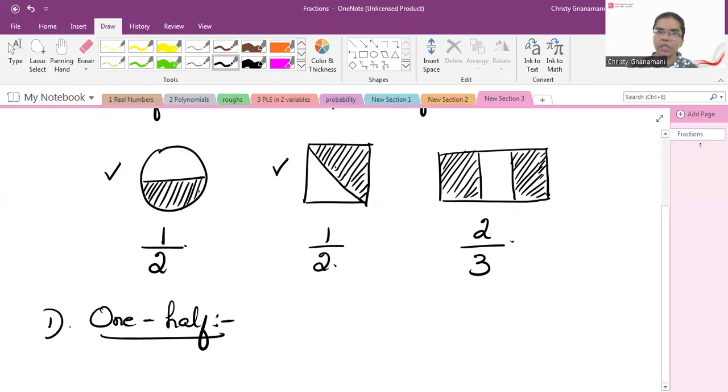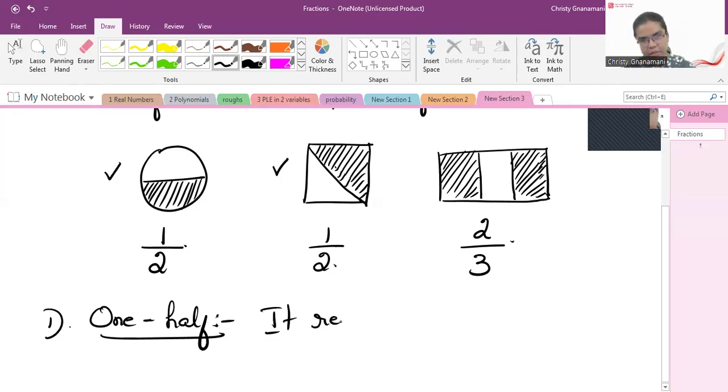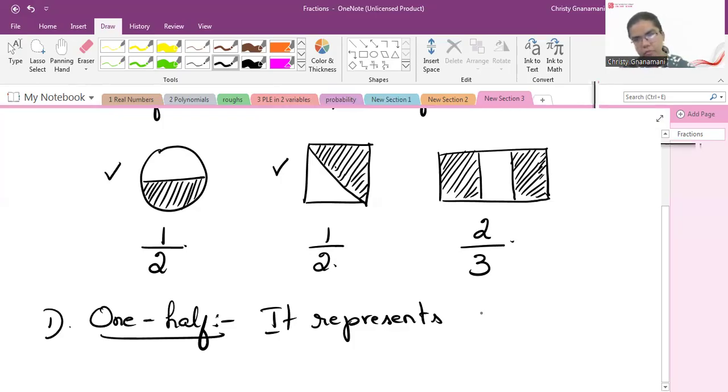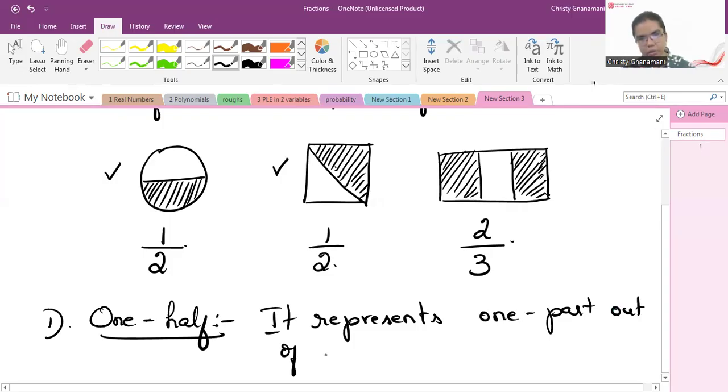And if you shade just one of them, then that represents 1/2, right? So 1/2 means it represents 1 part out of 2 equal parts.